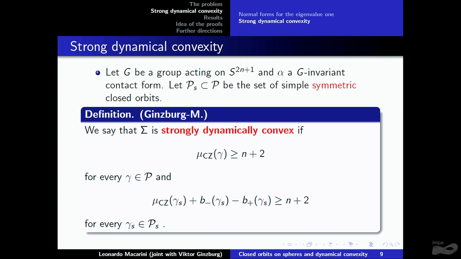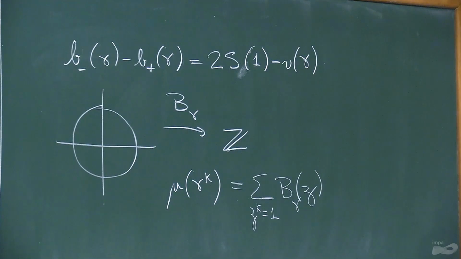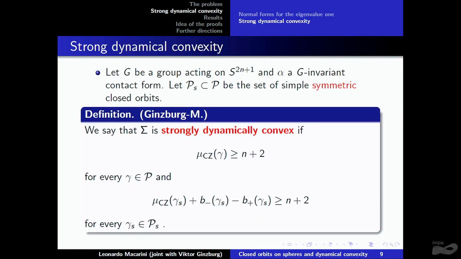But now, for the symmetric orbits, we need an extra condition: that the index plus that expression is at least n plus 2, only for the symmetric orbits. So the condition is stronger than dynamical convexity, but just for the symmetric orbits.